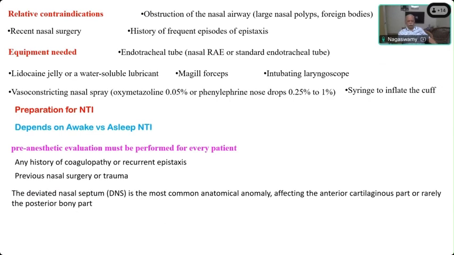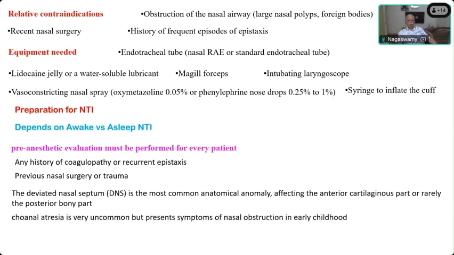And that is the reason why I told you must have the knowledge about the medial wall of the nose. Then choanal atresia is very uncommon, but presents with symptoms of nasal obstruction in childhood itself.